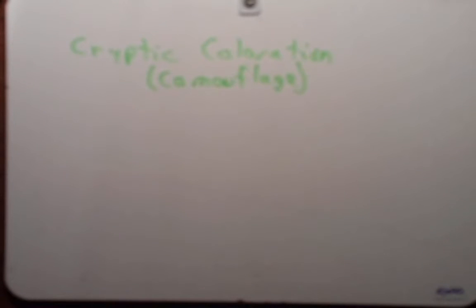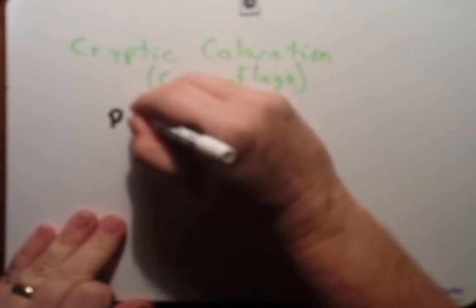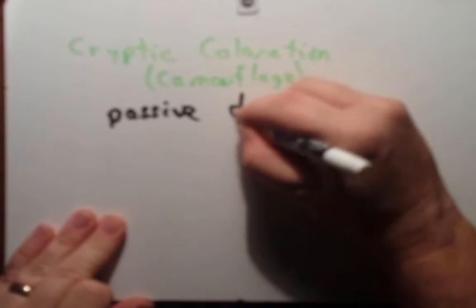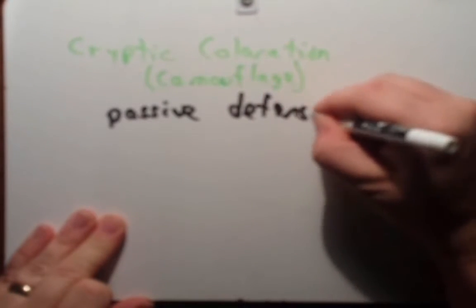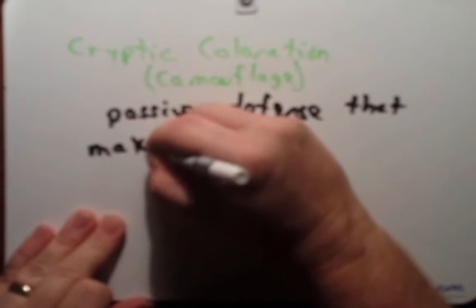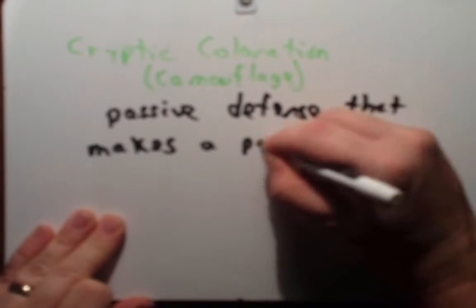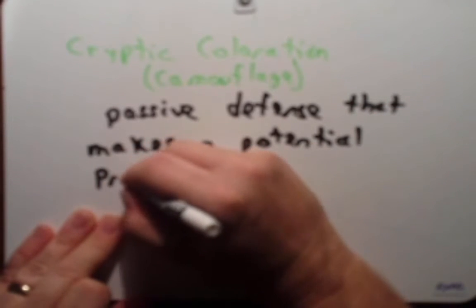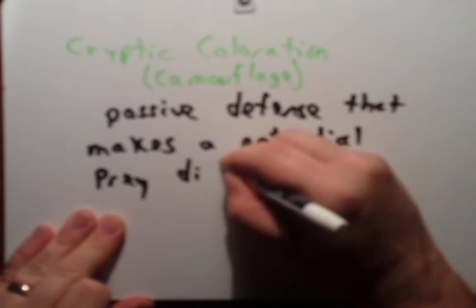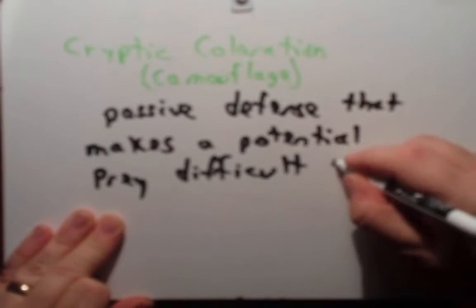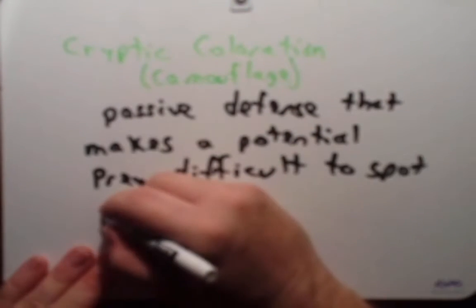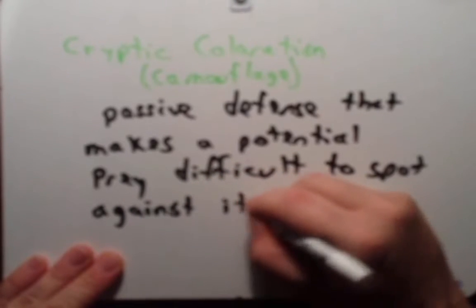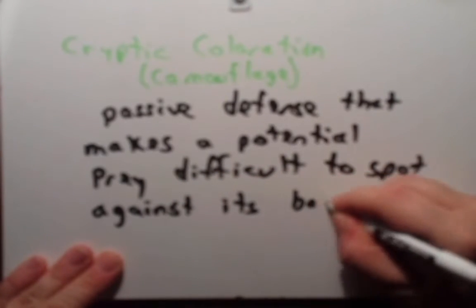We can think of this as being a passive defense that makes a potential prey very difficult to spot against its background.